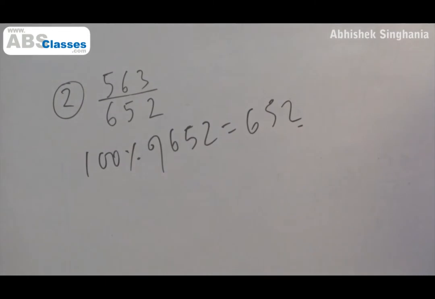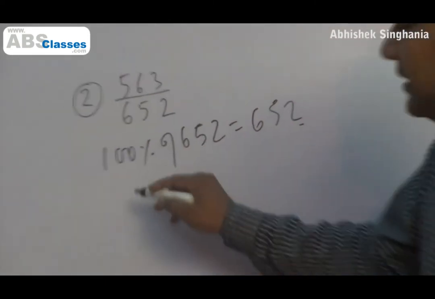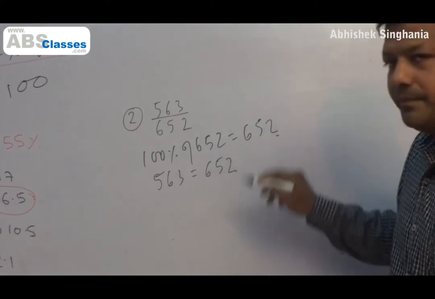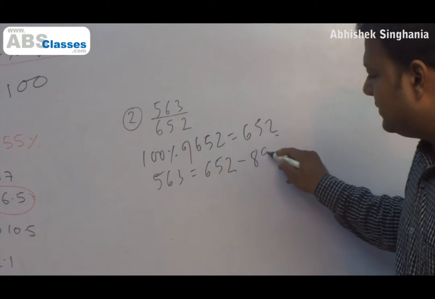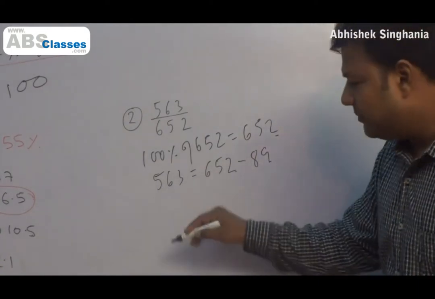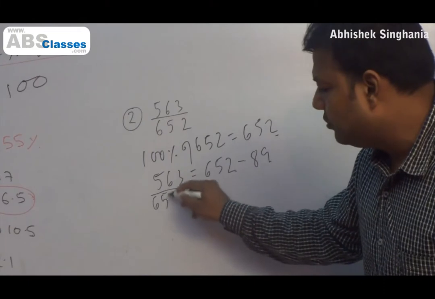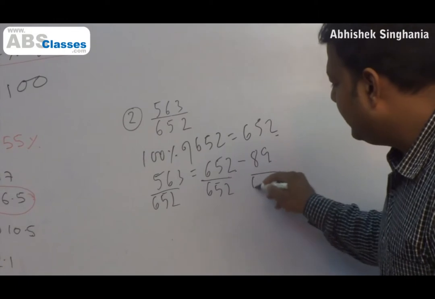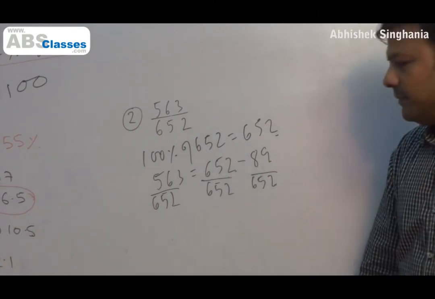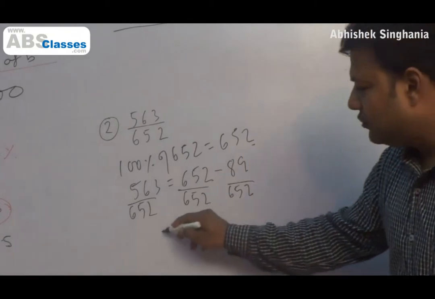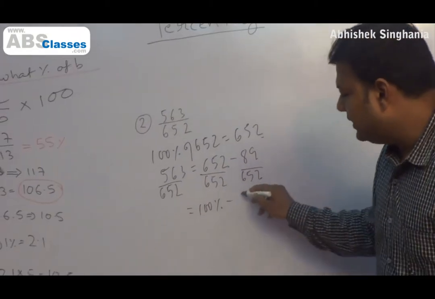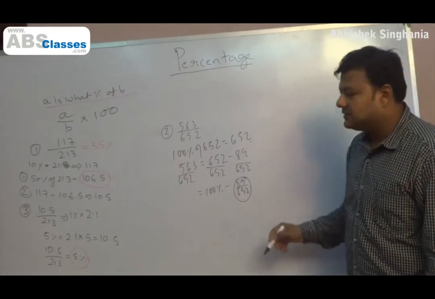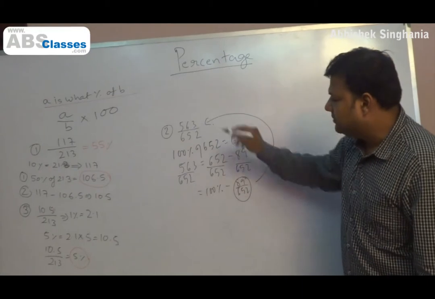If I start from 652 itself, then 563 is equal to 652 minus 89. By that logic, 563 by 652 is equal to 652 by 652 minus 89 by 652. This is of course 100%, which means all I need to find is 89 by 652, which is far easier than finding 563 by 652.